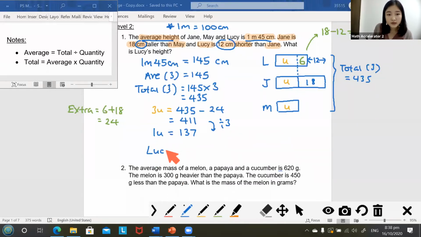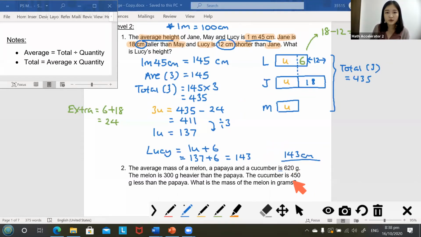Right, Lucy. 1 unit plus 6. We found 1 unit already. 137 plus 6 here. Okay, thank you. 143. So she is 143 cm tall.